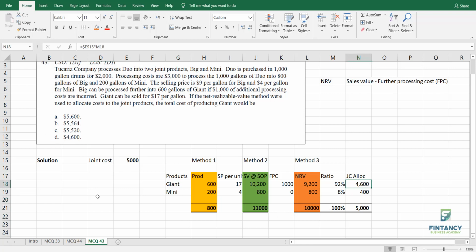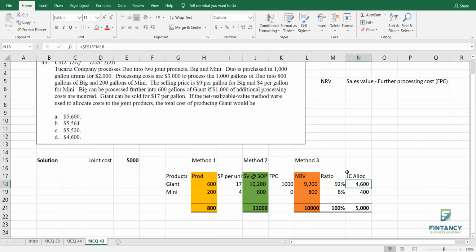It means D. So my friends, if you people are saying option D, you have done a big mistake, because they are not asking you how much is the joint cost allocation for joint. They are asking the total cost of producing joint how much.